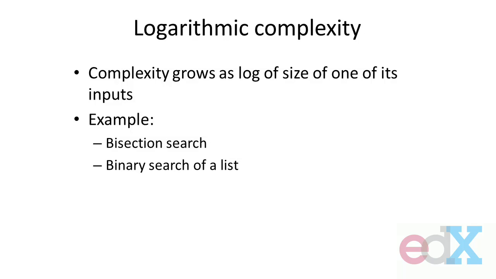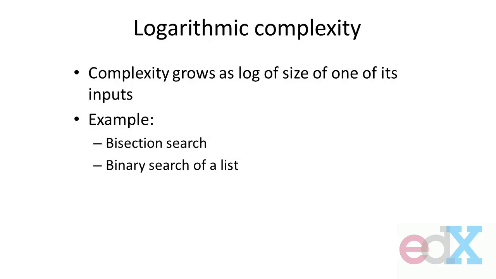Logarithmic algorithms. Here, the complexity of the algorithm, the number of steps, grows as the log of the size of one of its inputs. And you've actually seen a great example of this. Bisection search. Remember when we were looking for square roots, we said start between 0 and x, take the midpoint. If that's close enough, we're done. If not, depending on the size, either we're going to look only in the bottom range or in the top range.